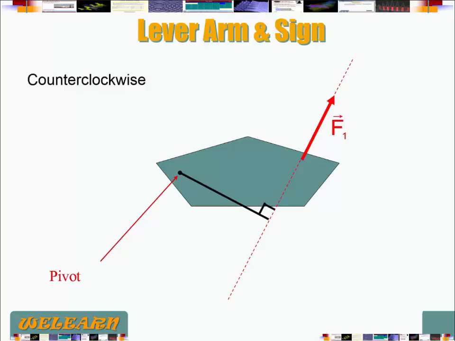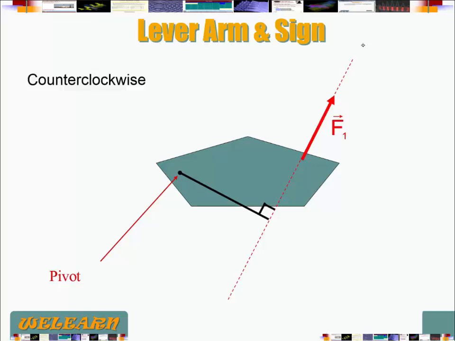Let us now discuss the lever arm and the sign of the torque. We're focusing here on just F1. The line of action of F1 is this dashed line. The moment arm, or the lever arm, is by definition the shortest distance separating that line of action from the pivot.